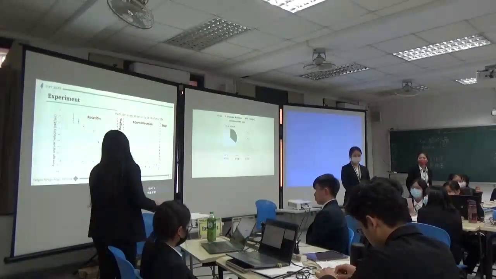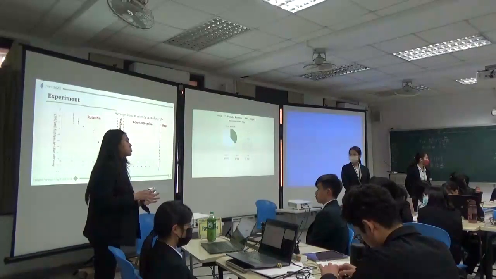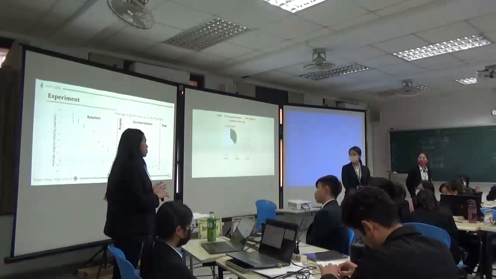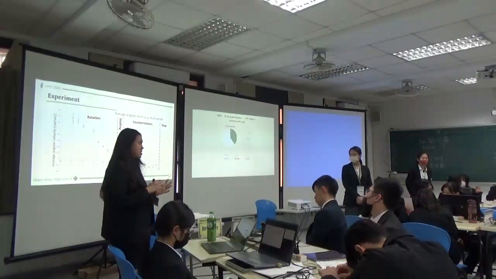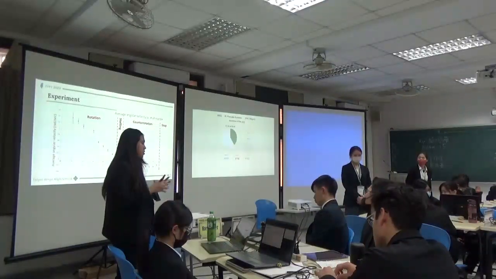Because we believe that there exists a stalling phase. In our experiment we did observe that when the number of marbles in the container reaches 61 and 62, when the container moves, the balls don't really move.